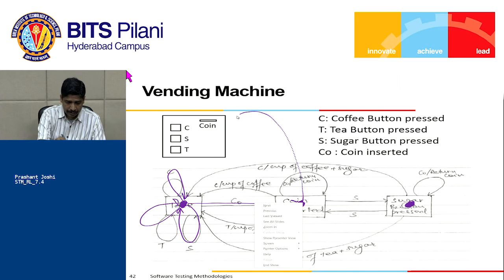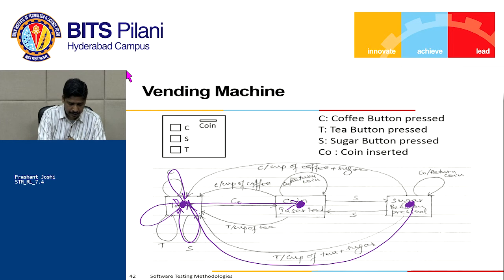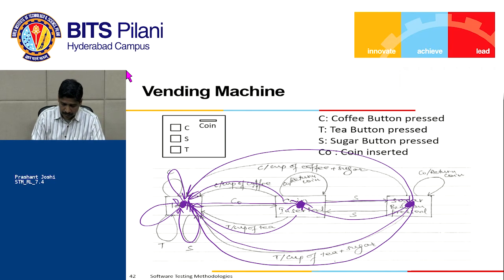Then comes my coin returned. From here, my coin returned. Coffee, tea without sugar, sugar, no sugar, coffee with sugar. This was coin returned, and now I also have tea with sugar, coin returned.